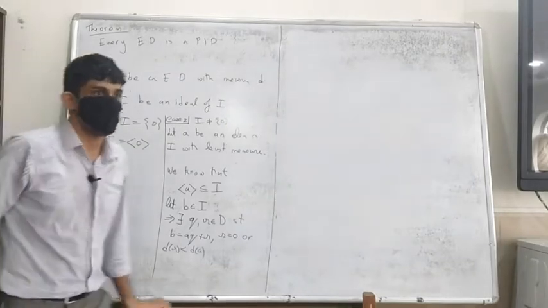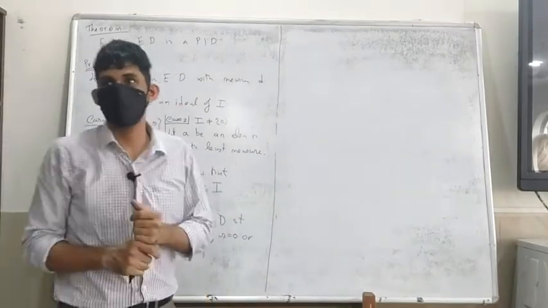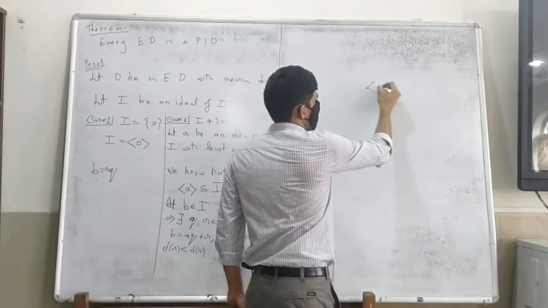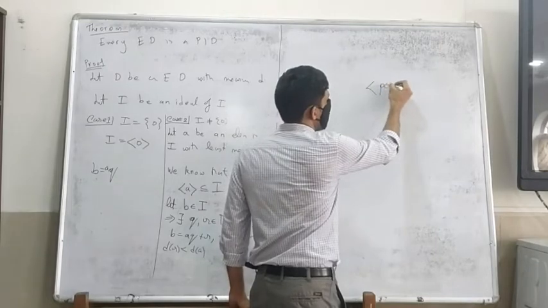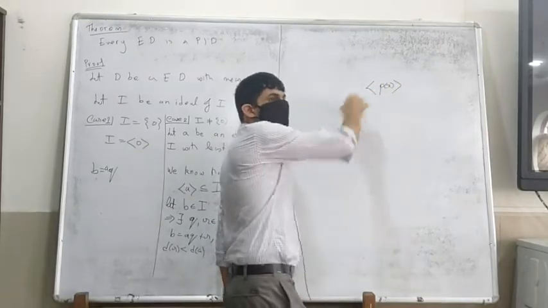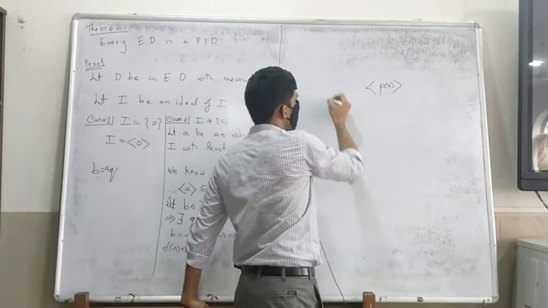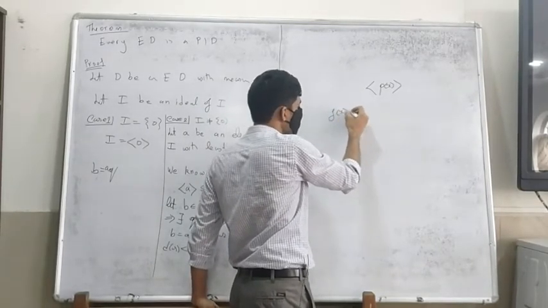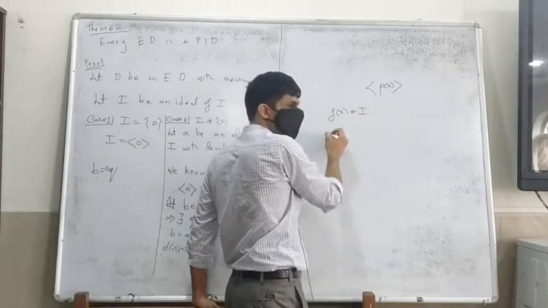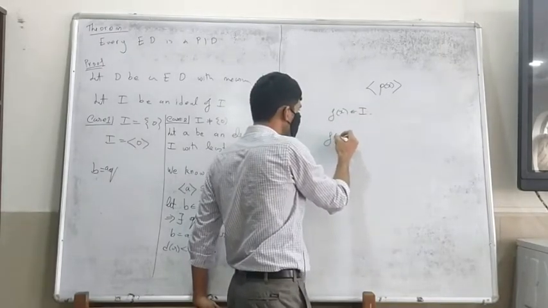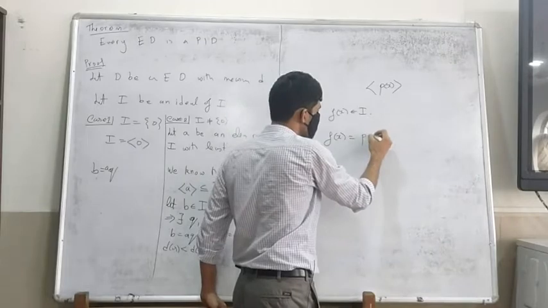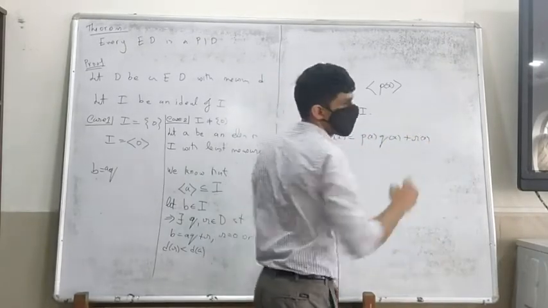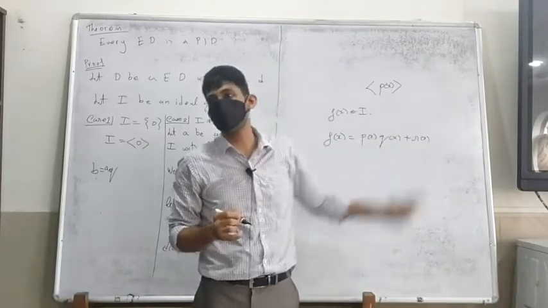So what did we do in F[x]? We started with the polynomial of least degree, took any polynomial f of x in I, and divided. So we could write f of x as p of x times q of x plus r of x, and we had to show that r is 0.